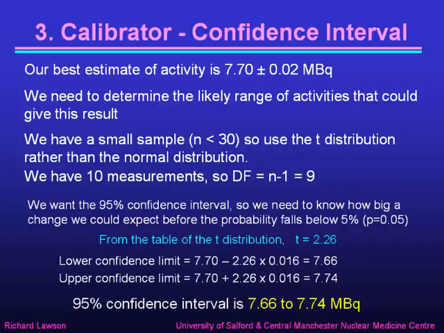Notice if we'd been using the normal distribution for a large sample, then for 95% confidence limits we take 2 standard deviations. Here we've got 2.26 standard deviations from the t-distribution, which confirms what I said earlier, that the t-distribution is just somewhat wider than the normal distribution, so we have 2.26 instead of 2.